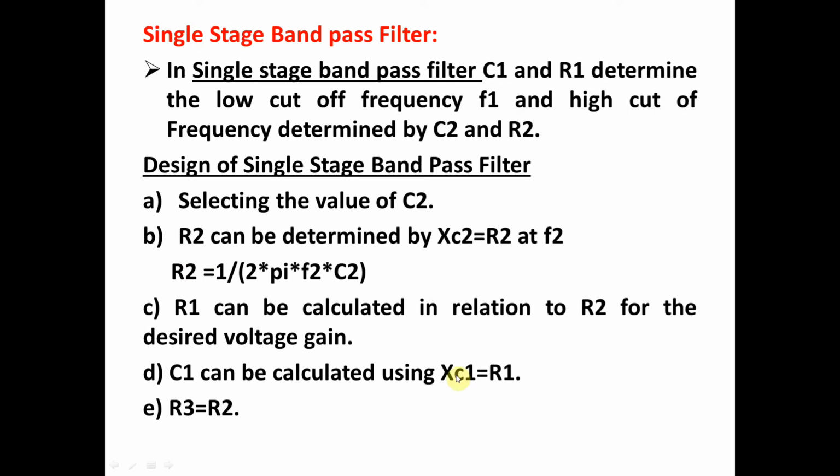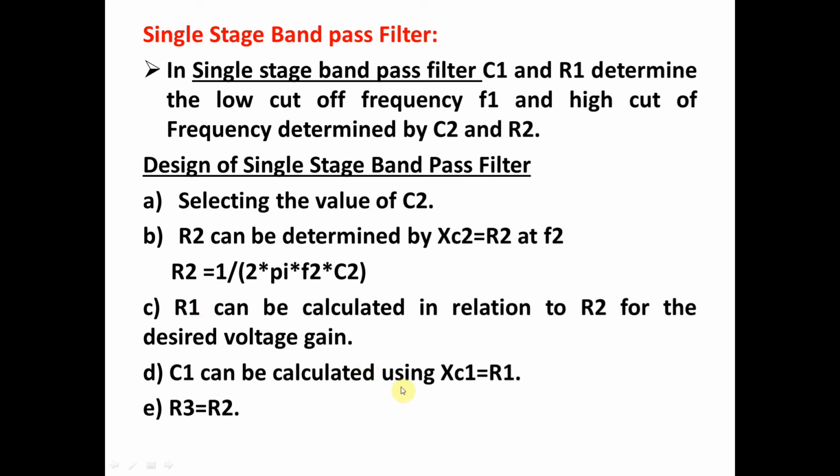R1 can be calculated in relation to R2 for the desired voltage gain. Here we know that the voltage gain is equal to minus R2 divided by R1, the inverting gain. We can assume the value of gain, and we know the value of R2, then we can substitute both values and get R1.